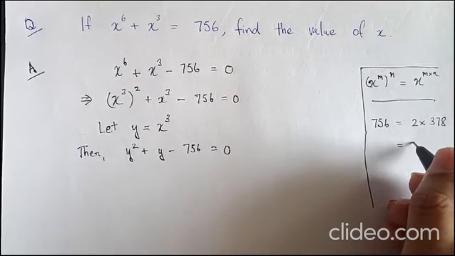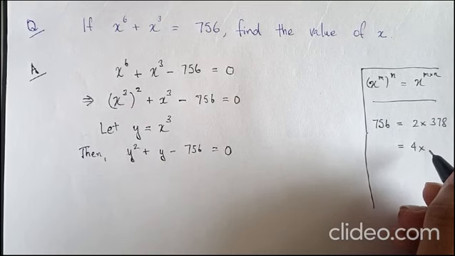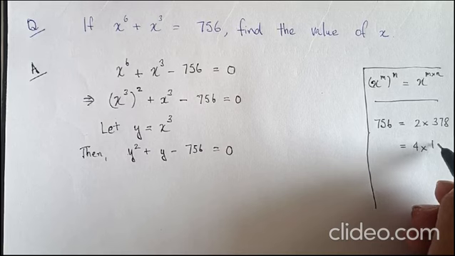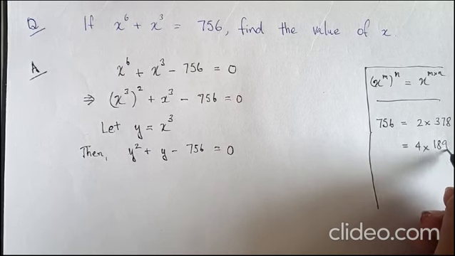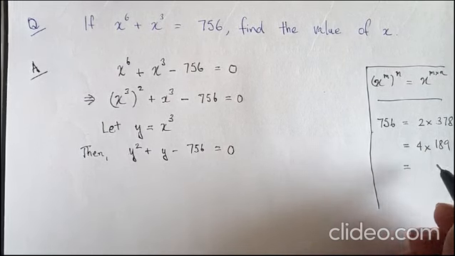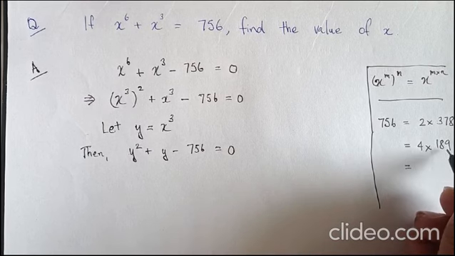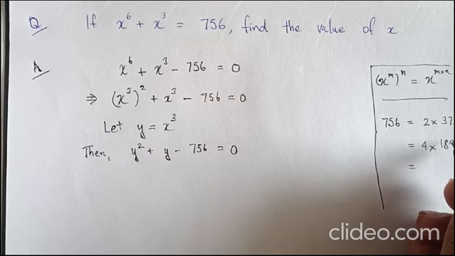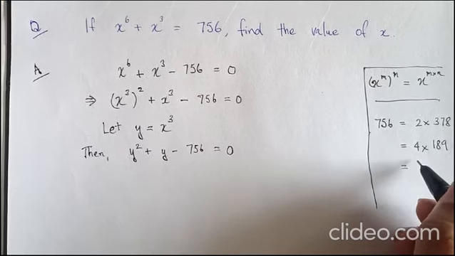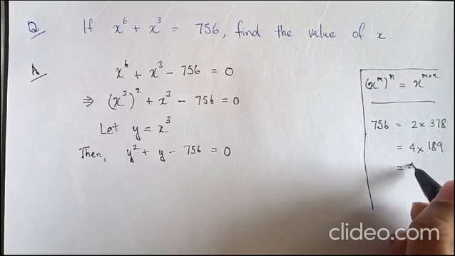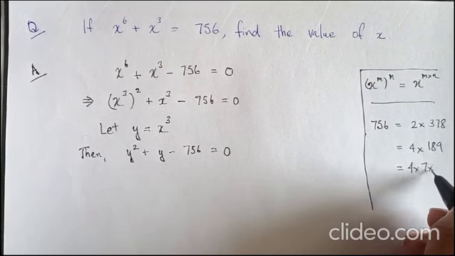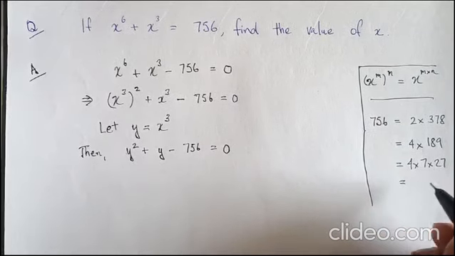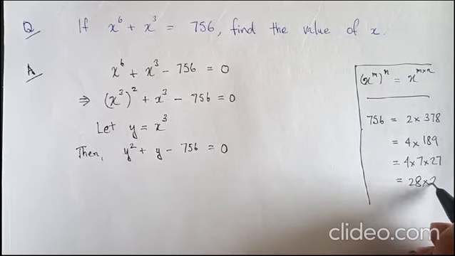Can also be written as 4 into 189, right? I can also write this as, now if I divide this by 7, then that becomes 27, right? So it can be 4 into 7 into 27 is equal to 28 into 27.